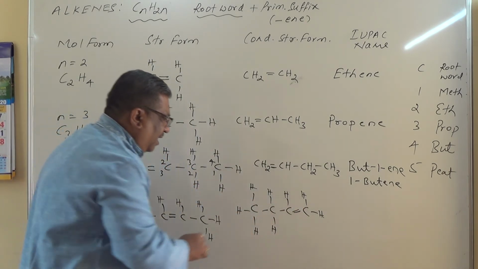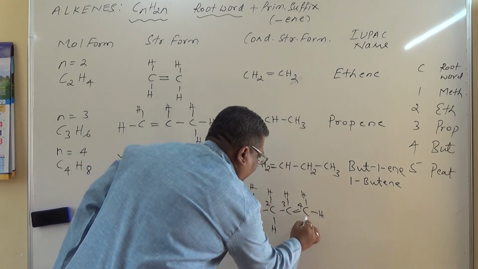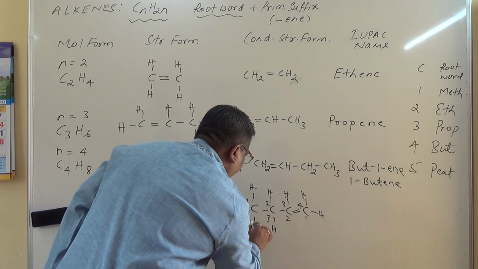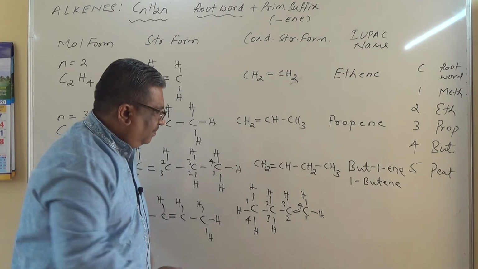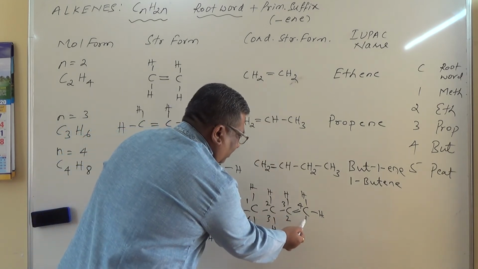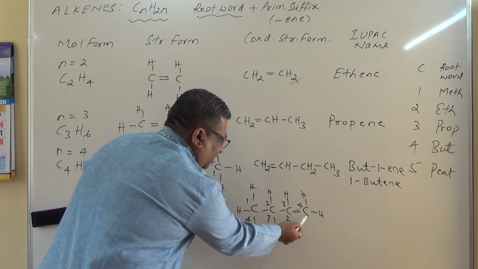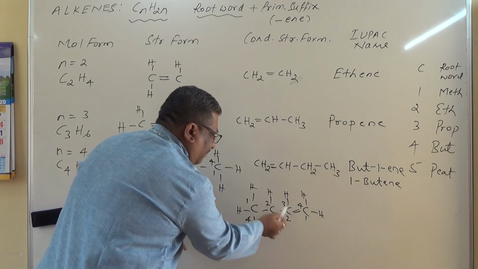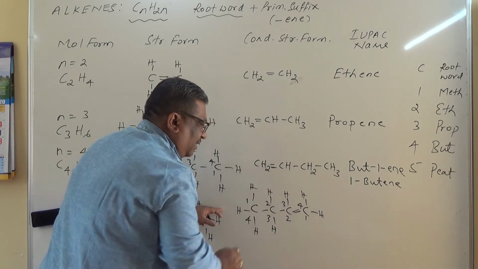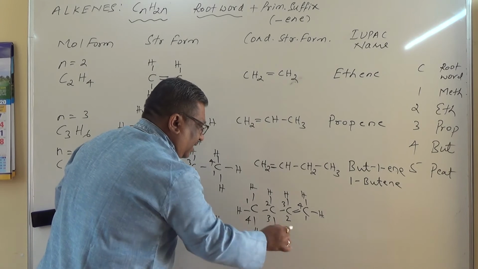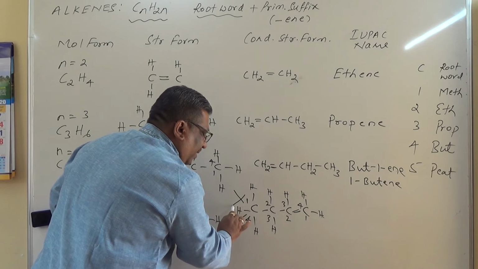I can have a numbering 1, 2, 3, 4, or I can have a numbering 1, 2, 3, 4. The double bond should get the least count. If I read from the bottom, the double bond is attached to the first carbon atom. If I read from the top, it is attached to the third carbon atom. Therefore, the correct method is this method of numbering, but not this one.